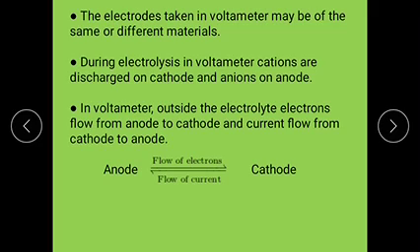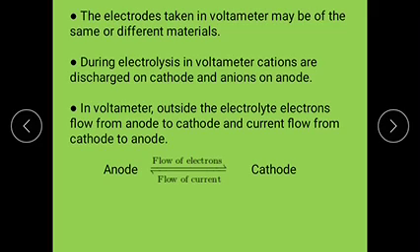Here we have to take one type of electrolytic solution. In the solution, we place two different electrodes or the same type of electrodes, which act as anode and cathode.